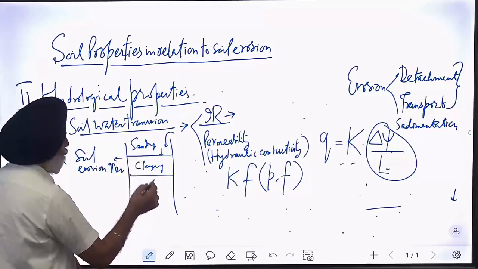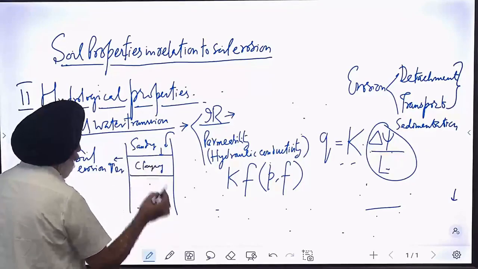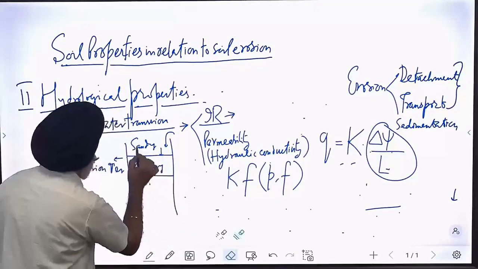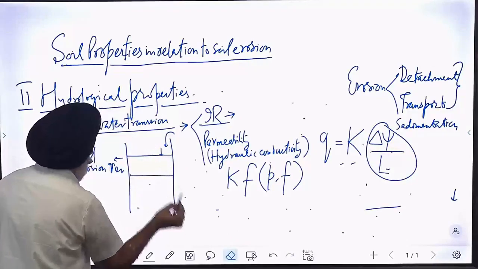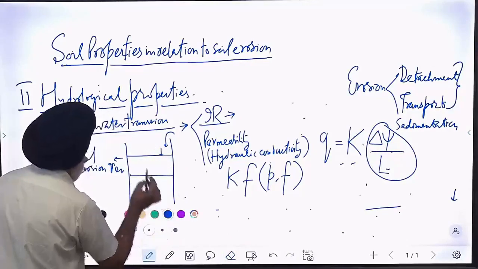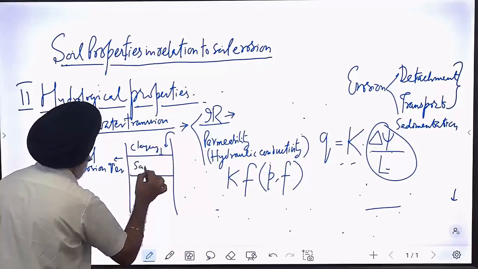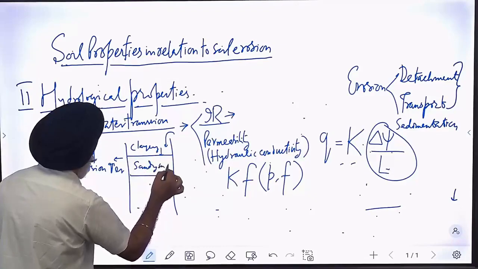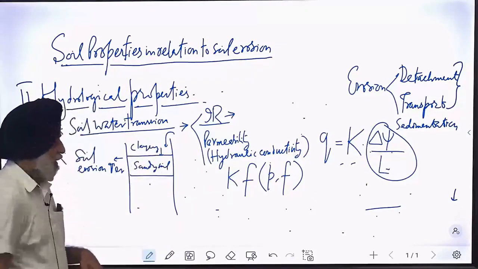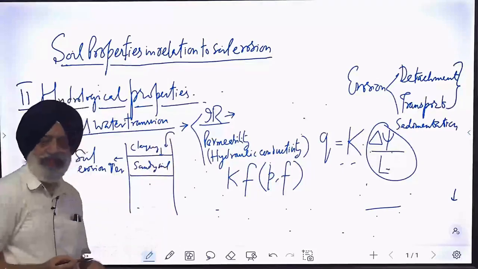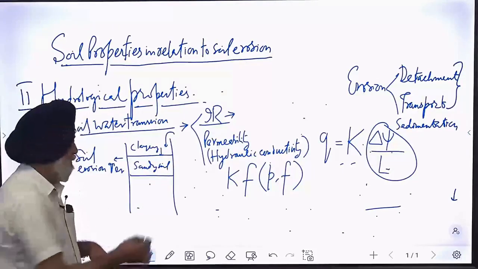On the other hand, if it is the other way around, say if it is clay soil at the top and sandy soil at the lower layer. Now, its infiltration rate initially will be lower.